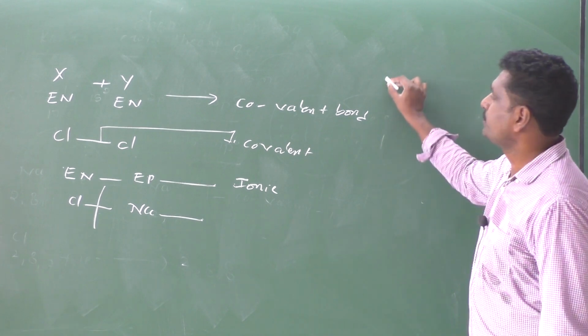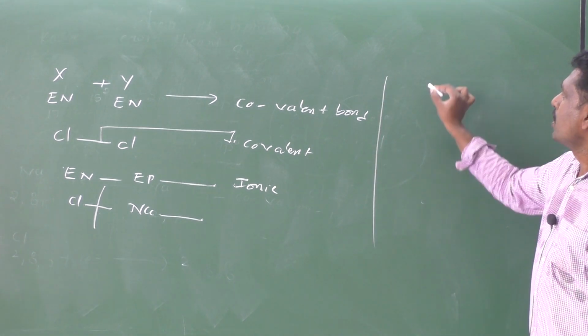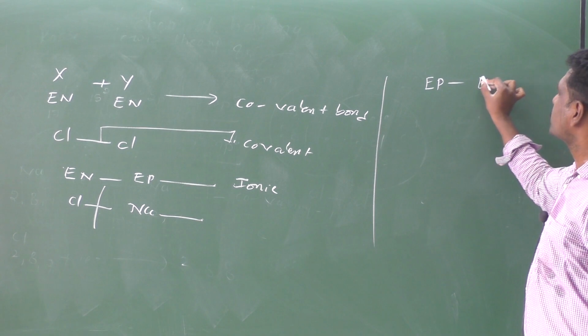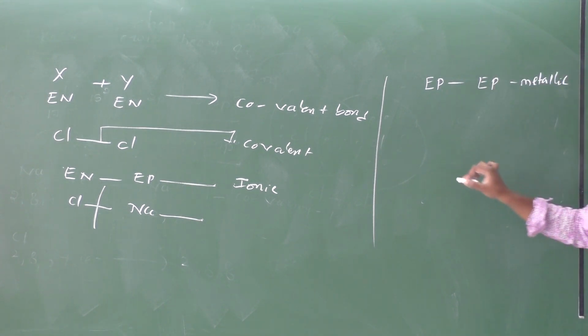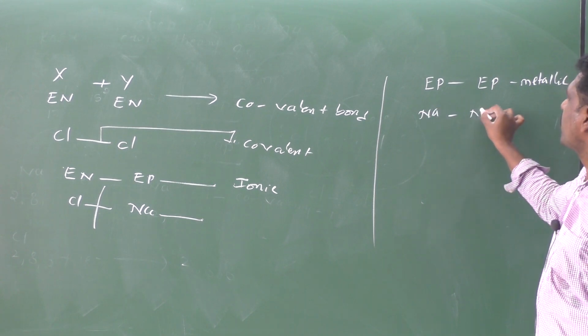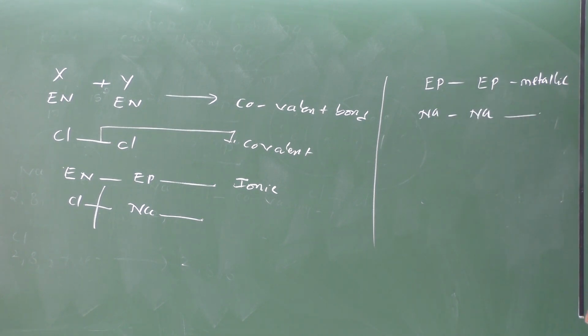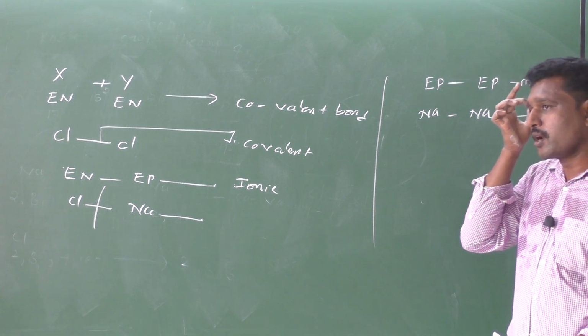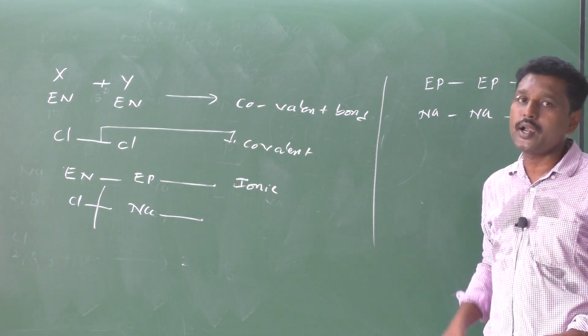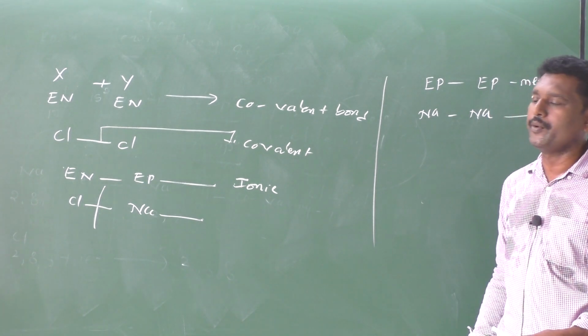Next, if both are electropositive elements, that is a metallic bond. Between sodium and sodium, that bond is called a metallic bond. Therefore, if two elements are electronegative, the bond is called a covalent bond.